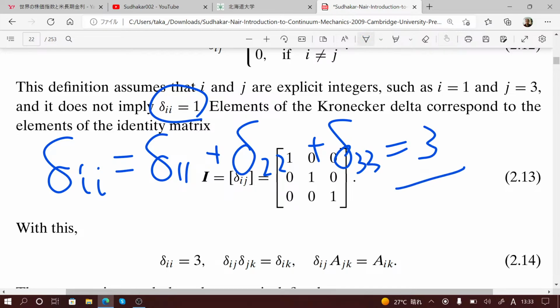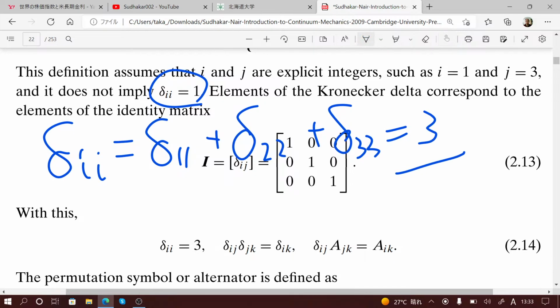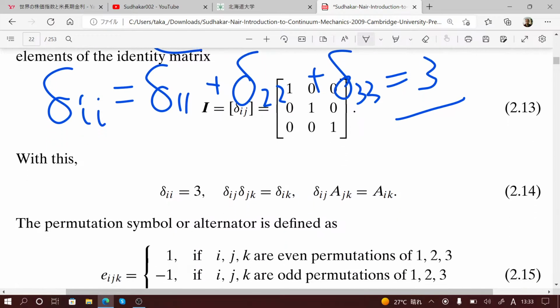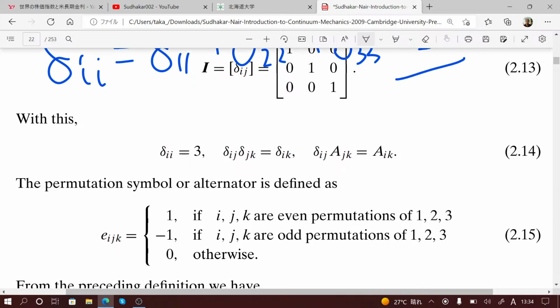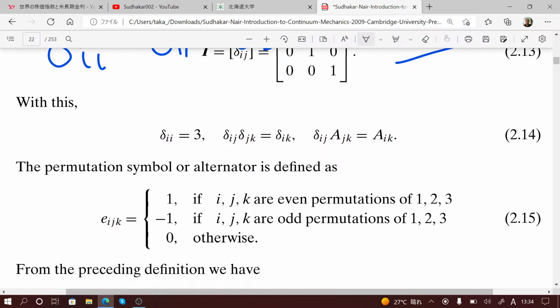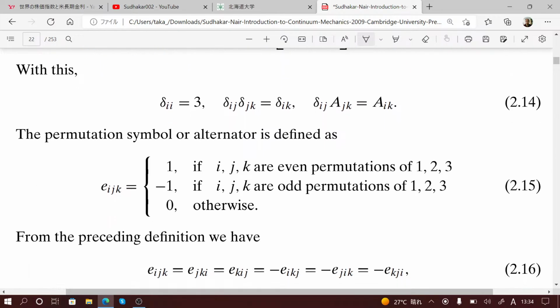Anyway, elements of Kronecker delta correspond to the elements of the identity matrix I: delta ij is 1 0 0, 0 1 0, 0 0 1, and delta ij delta jk is delta ik.